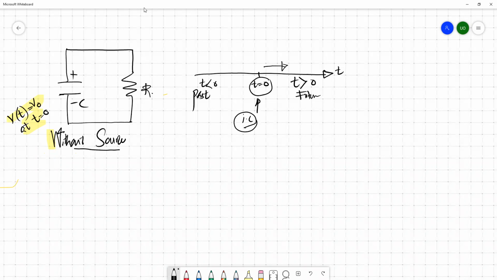The analysis is grounded in mathematics. So we model capacitors and inductors in a mathematical way. That's why we came up with a couple of equations to explain the voltage and current across capacitors and inductors. So we use those models to analyze a circuit.